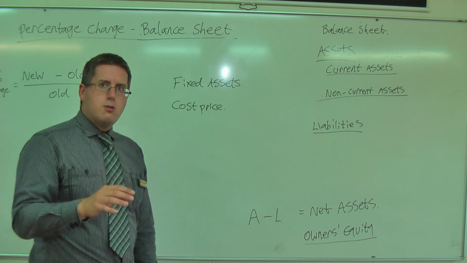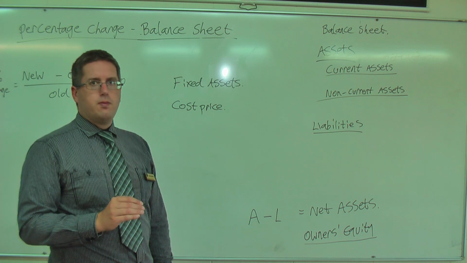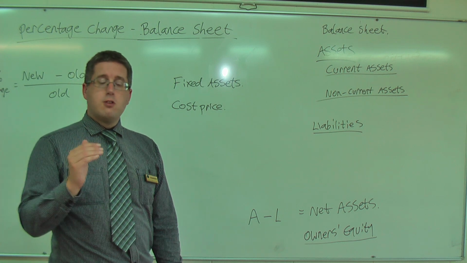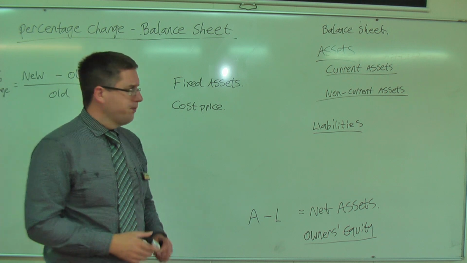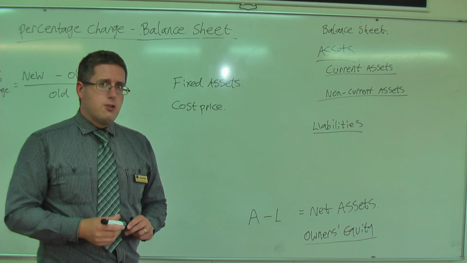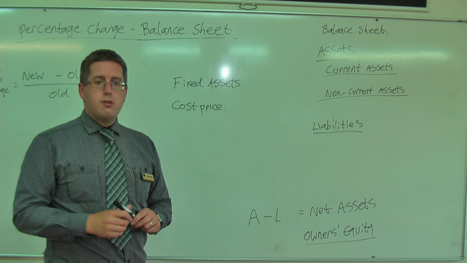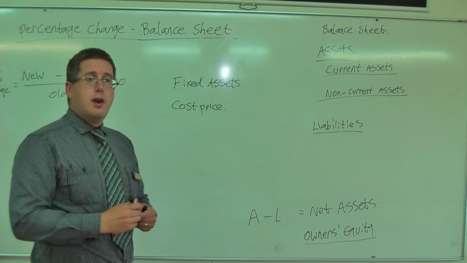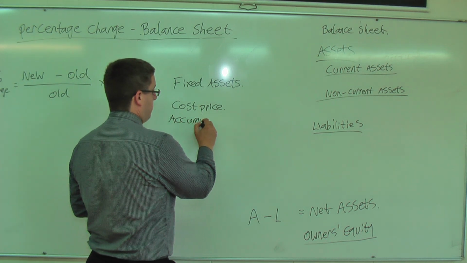So this reduction in value is what's called depreciation. Depreciation is the reduction each year of a fixed asset because it's been used. Now on the balance sheet, we add up all these depreciations, or the reductions in value, and that's what's called accumulated depreciation.